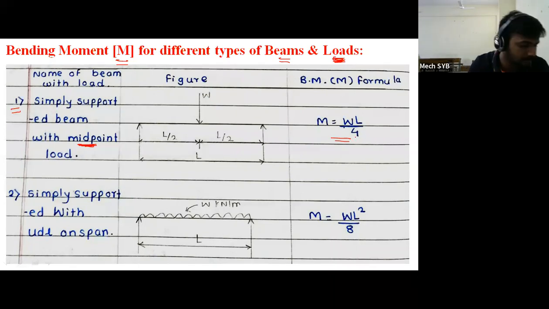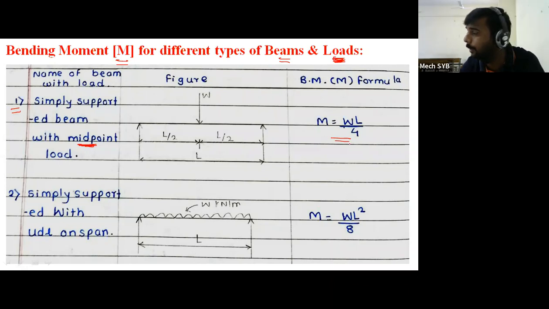You also draw the table like this. So the first condition is simply supported beam with mid point load. म्हणजे जो पॉइंट लोड अप्लाय केला तो बरोबर सेंटरला आहे आणि त्याच्यासाठी M चा फॉर्म्युला काय, बघा, WL divided by 4.